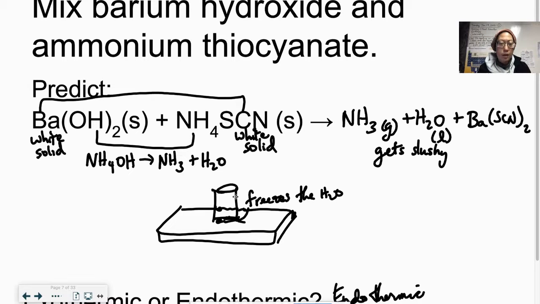The glass absorbs heat from the beaker, from your hand if you hold it, from the wood, and all of that serves to slow down the average kinetic energy of the surroundings, and the temperature goes down, okay? So this is an endothermic reaction. The temperature goes down and it feels cold. I will link a video of this demonstration, because it's one of my favorites. It's just so cold. It's so cool.